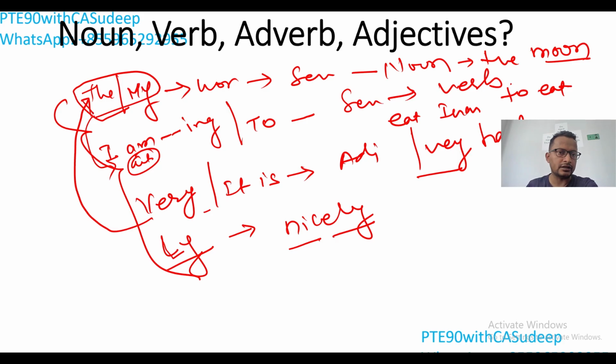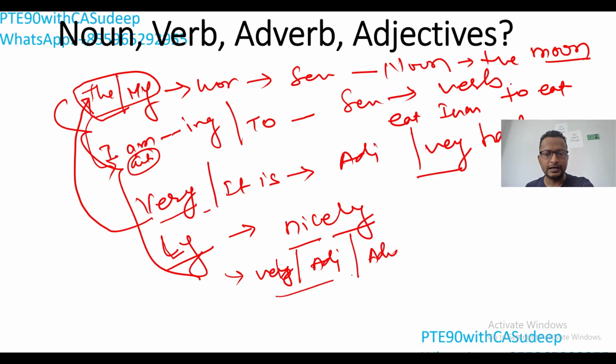The state of being of the noun is defined by the adjective. And what is the use of an adverb? An adverb can describe a verb, and an adverb can also describe an adjective or another adverb. So all these three can be the application of an adverb.